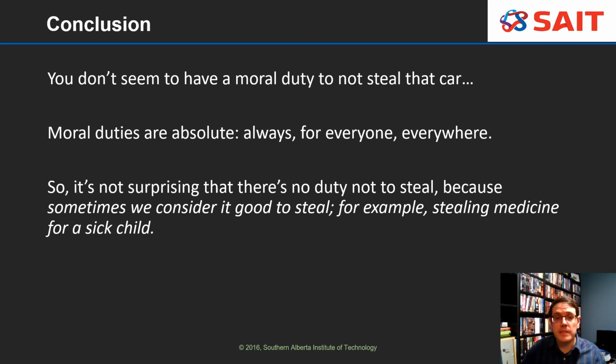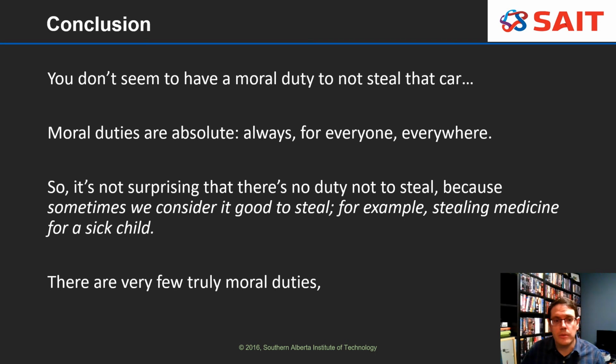Imagine, for example, you were stealing medicine for a sick child. If you can think of any circumstances where stealing would be moral, then it can't be that there's a moral duty to not steal. Because again, for deontology, moral duties are absolute.